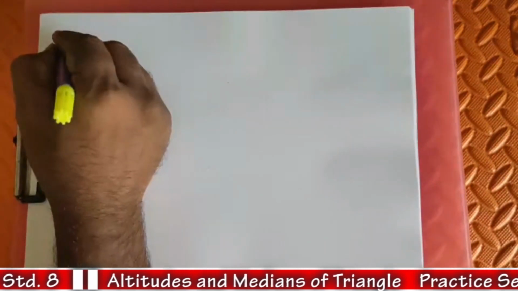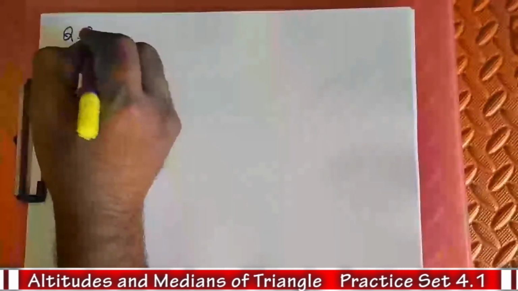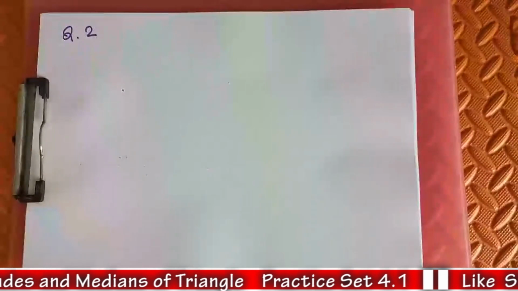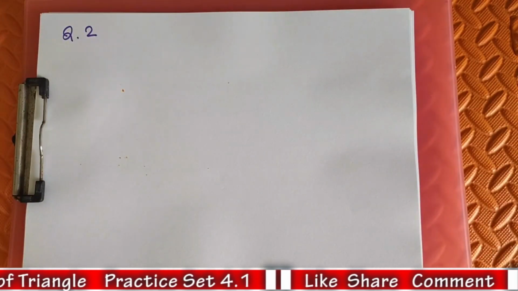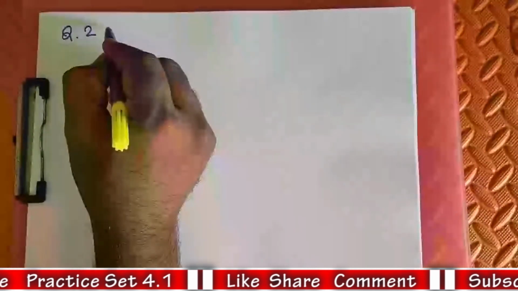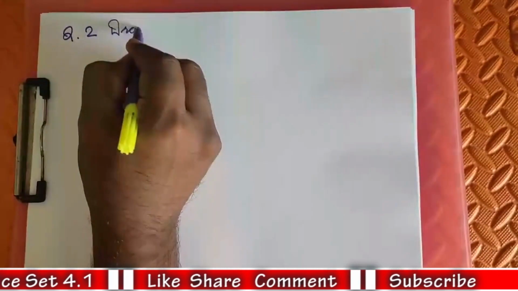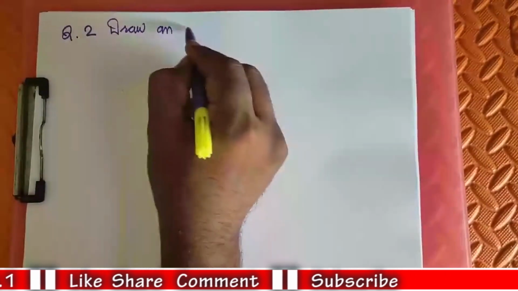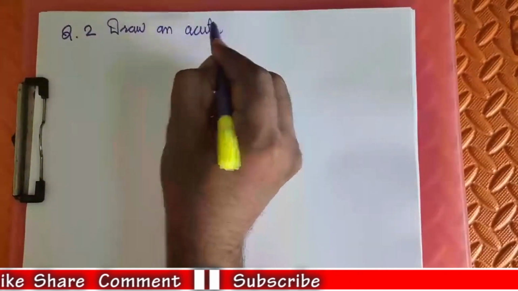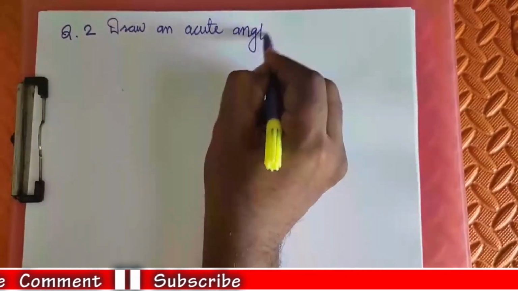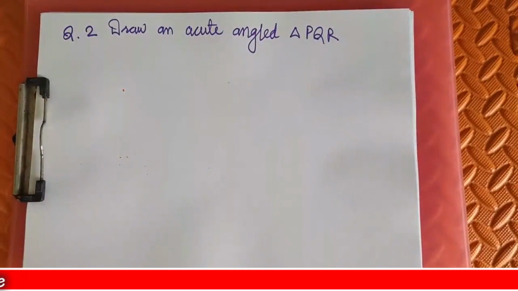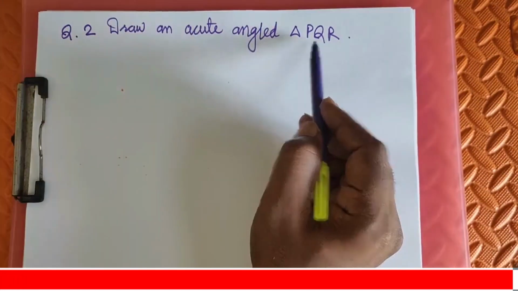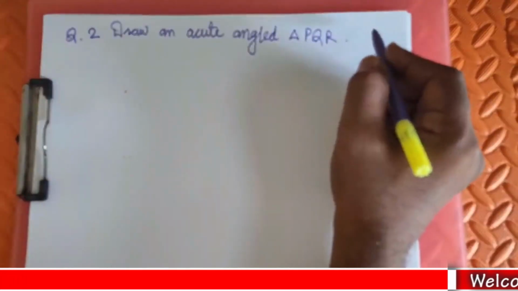Question number 2. Draw an acute angle triangle PQR.